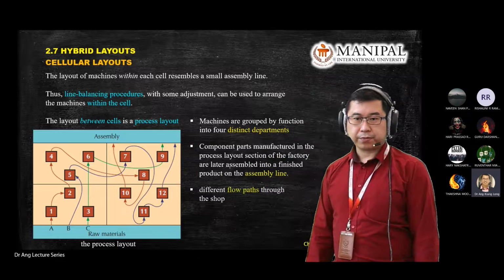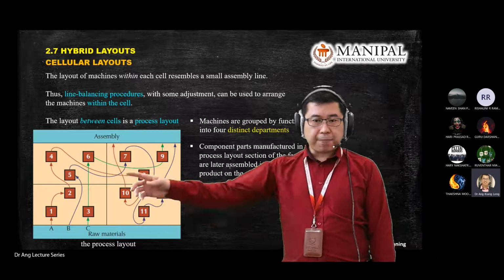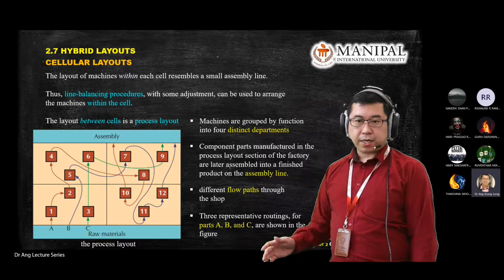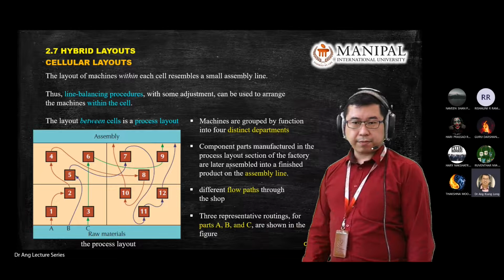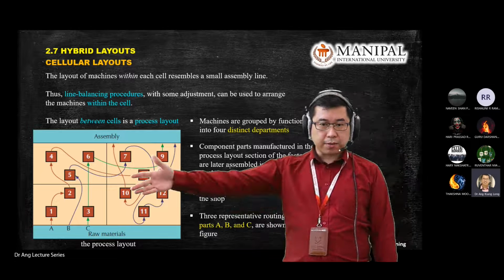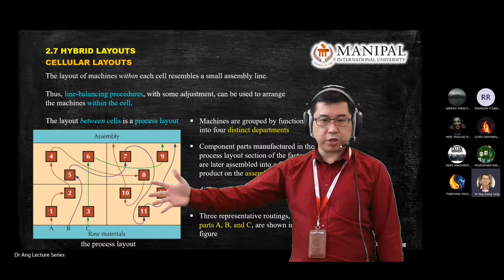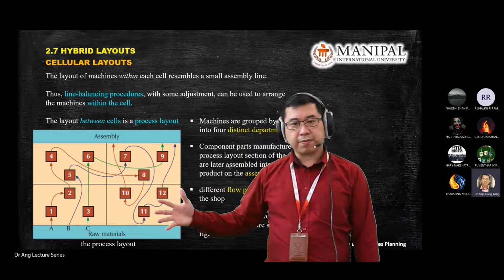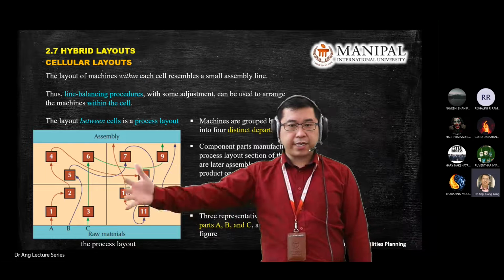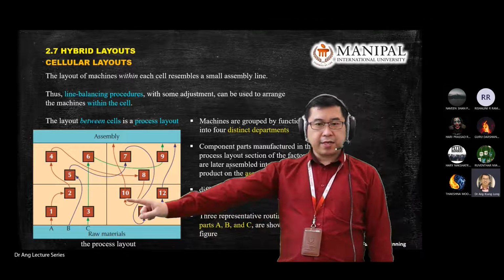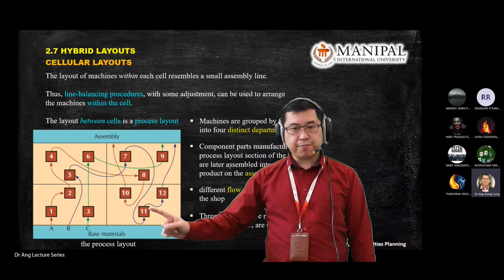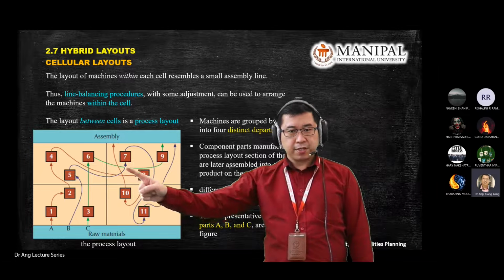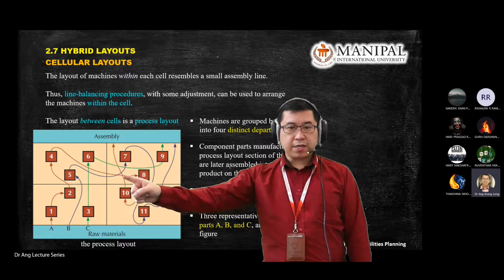So these are the pathways that happen in the production floor. I just showed you how parts A, B, C are produced in the production floor. This one is quite chaotic, not orderly arranged. If this is a busy production line, you see there is a crossing of processes over here.